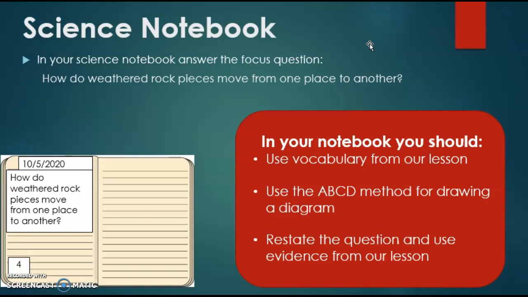Again, we go through this one pretty much step by step so the students get that practice learning how to answer a constructed response in the science subject area.